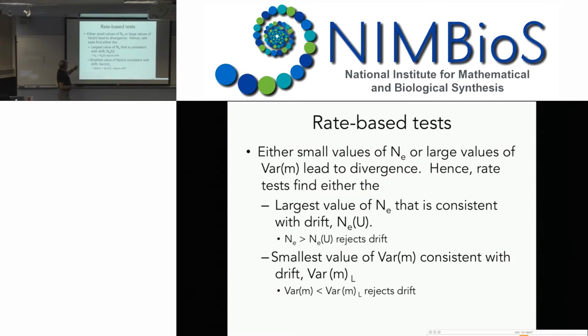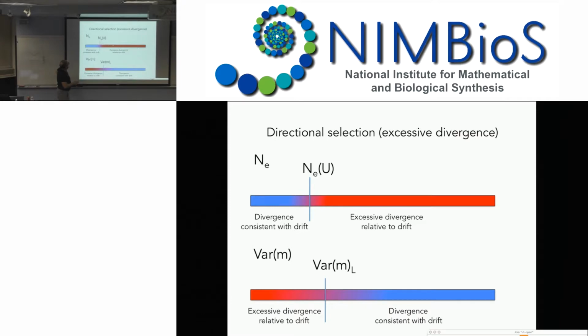So here's the picture. Red implies a significant result. Remember, when effective population size is big, drift is small, divergence is small. When my mutational variance is large, you have lots of drift.